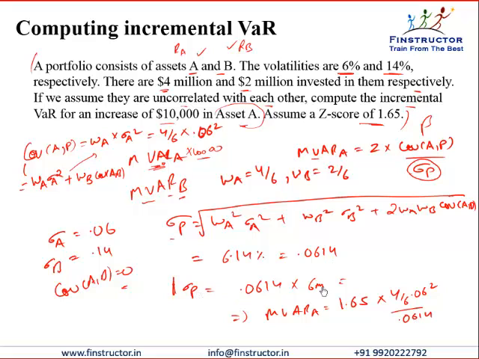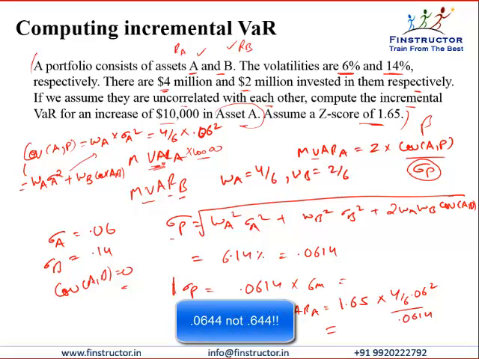If the standard deviation we take in dollar terms, then even the variance we will take in dollar terms, that is multiplied by 6. So this will give us the marginal VAR of portfolio A. That is, for a 1 unit increase in asset A, the total risk in the portfolio will go up to this extent. So the marginal VAR will come out to be 0.644.